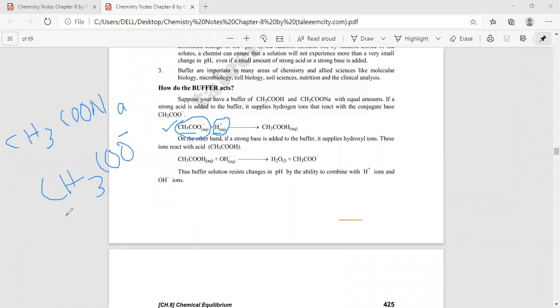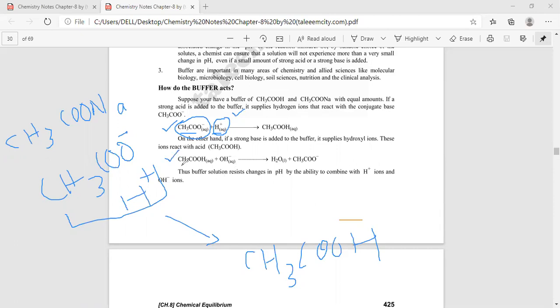So this acetate ion in the medium will quickly react with the protons that are produced by adding the acid. It will react with the proton and convert it into acetic acid, CH3COOH. So in this way, the buffer solution quickly maintains the pH by converting the protons into weak acetic acid.